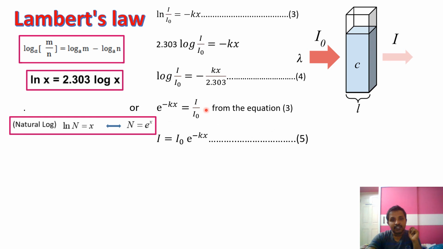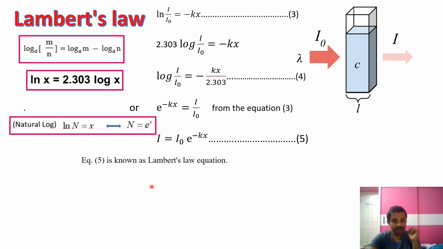It can be manipulated as I equal to I naught e to the power of -kx. That equation is termed equation number 5.